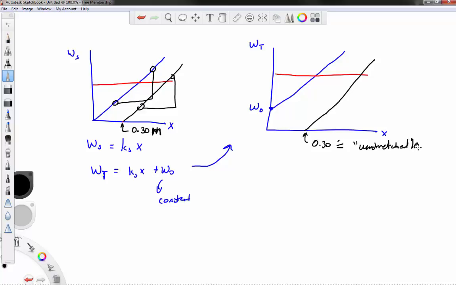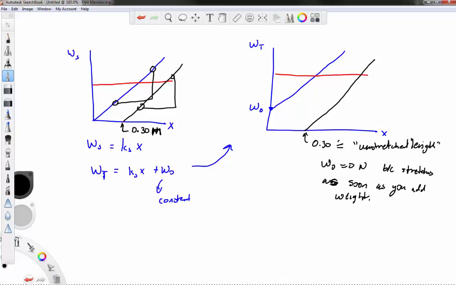It's saying basically that W0 is 0 newtons because it stretches immediately, as soon as you add weight.